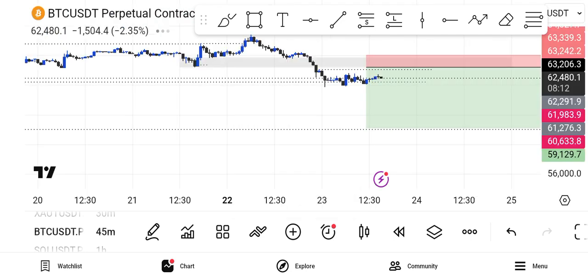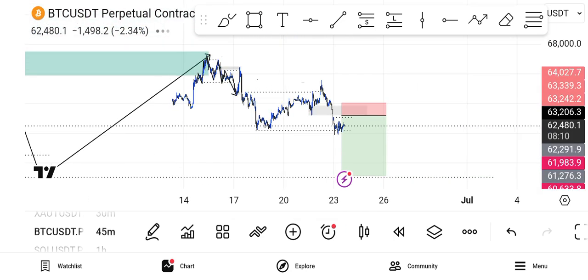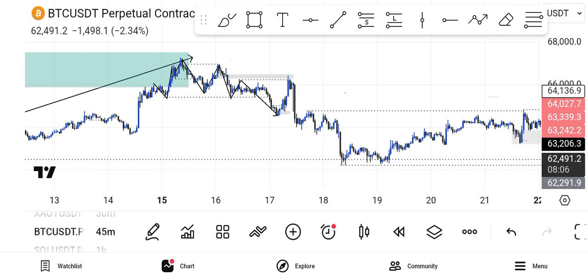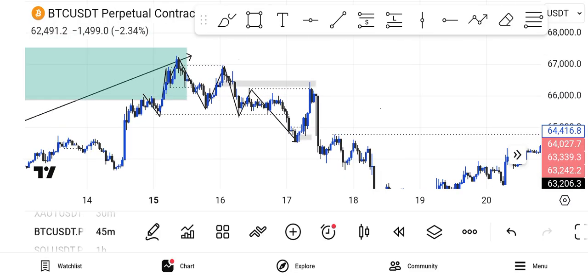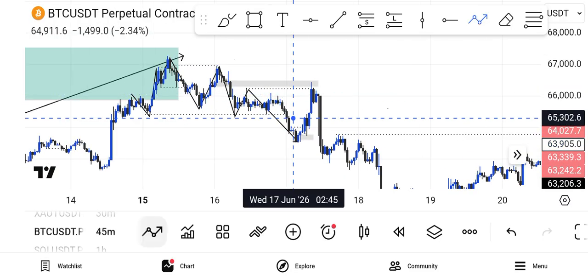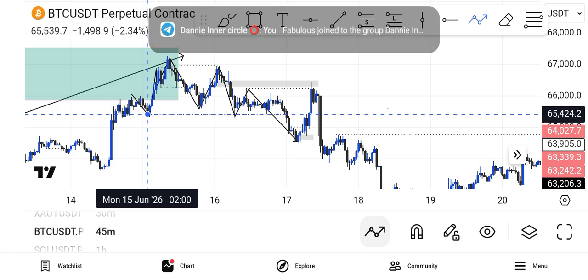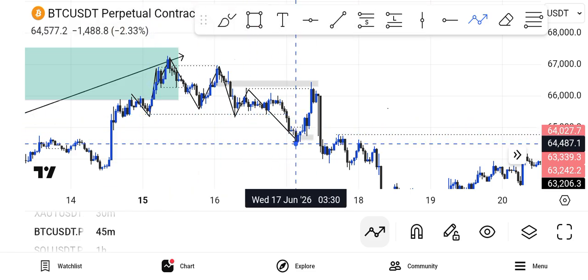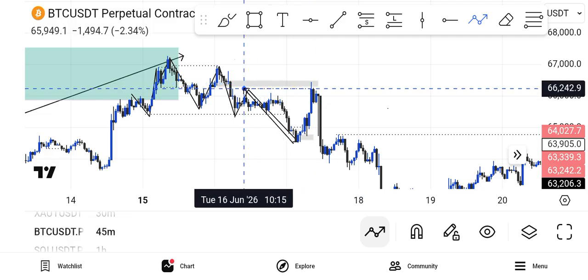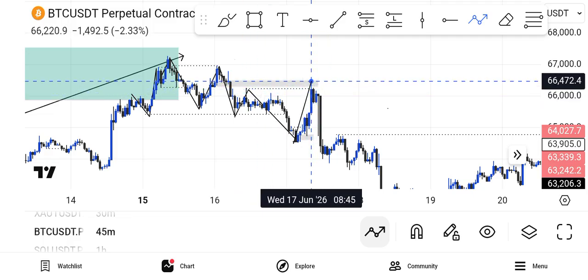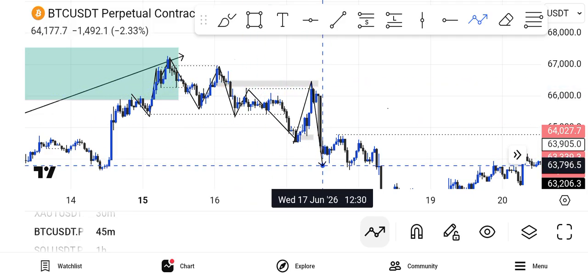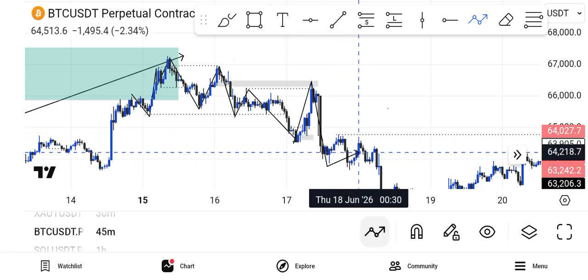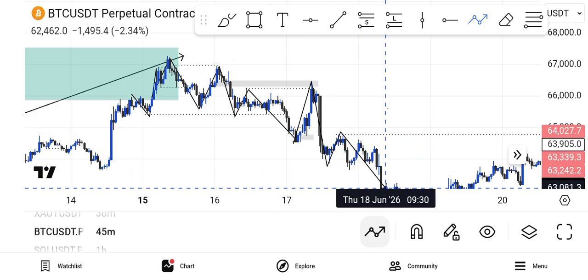So on the 45 minute now, this is where I will go and just understand what the market is doing all the way from there. As you can see now, after the market took out that major low, it took out liquidity and just continued selling. Then we had this switch in market structure here and it continued selling, created liquidity for us here again, and it bounced.